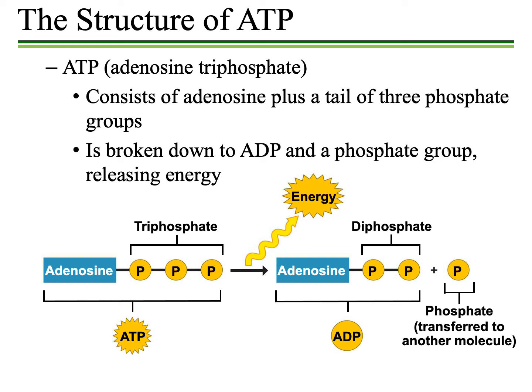What it does is transfer that energy to the reactions that require it. When it does so, it is converted into ADP, which is adenosine diphosphate, and an inorganic phosphate is released. Oftentimes, it's transferred to the molecule in question during the transfer of energy reaction.